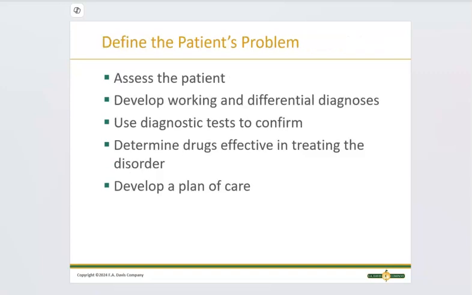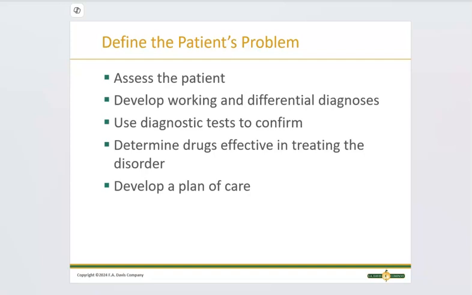So when we start by defining the patient's problem, it is very important that we be clear that we have identified the correct problem. You guys are going to move on now into health assessment, and then you go into decision making and management.